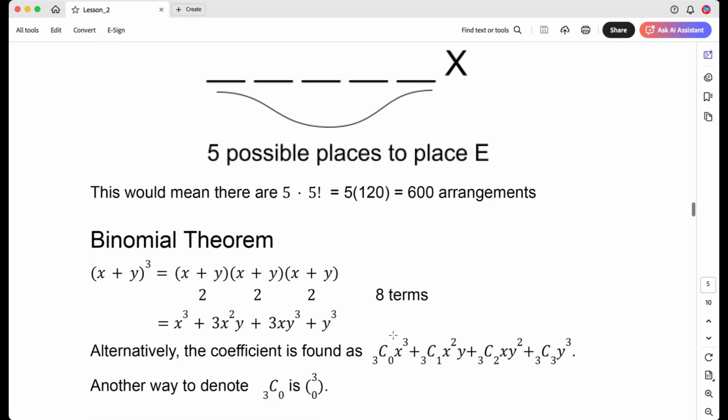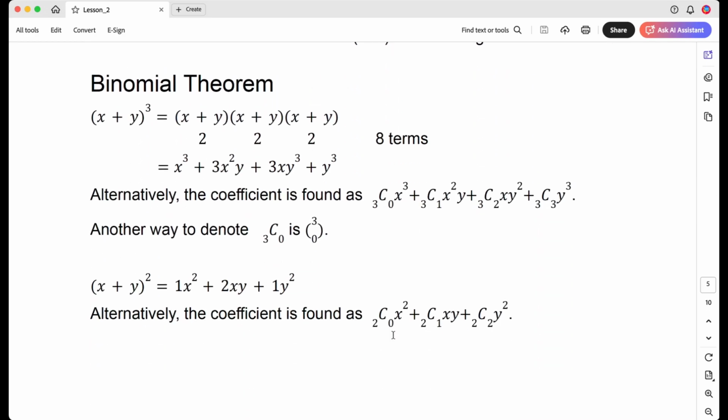All right, now we'll take a look at some semi-new material. We will be using some of these counting techniques that we saw in lesson 1 in this part as well. The binomial theorem: raising a binomial x plus y to a power, in this case the third power, is repeated multiplication. x plus y times itself 3 times. We could think of this in a counting situation.